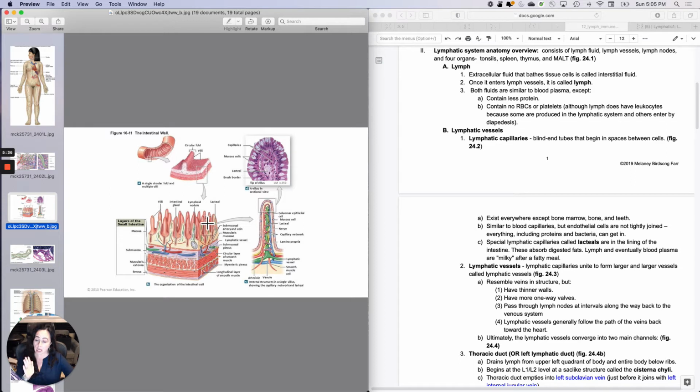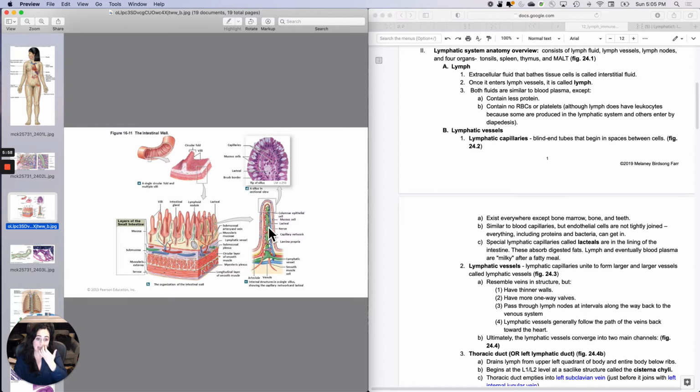Everything that is not a lipid will go into the blood capillaries, but this little guy that's poking up right here into the villi is called a lacteal. And that is the thing that will actually absorb fats.